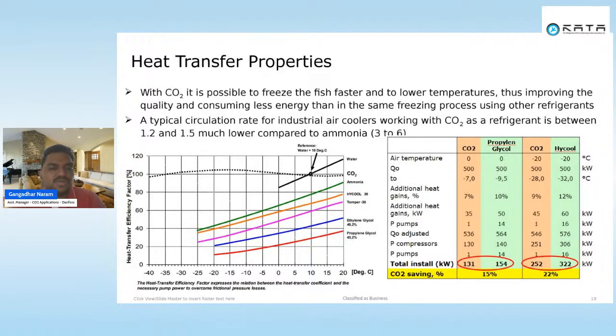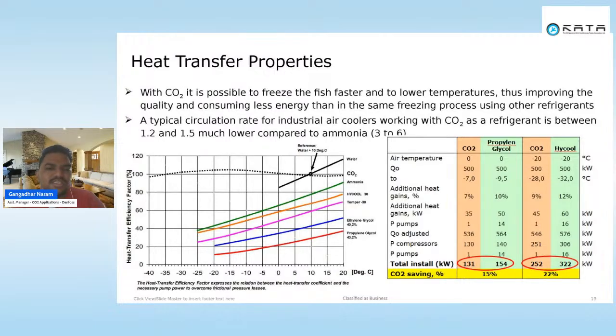The CO2 heat transfer efficiency is almost constant. That is the reason the thermophysical properties of CO2 are very superior compared to all other refrigerants when you are operating CO2 below minus 35 degrees centigrade.